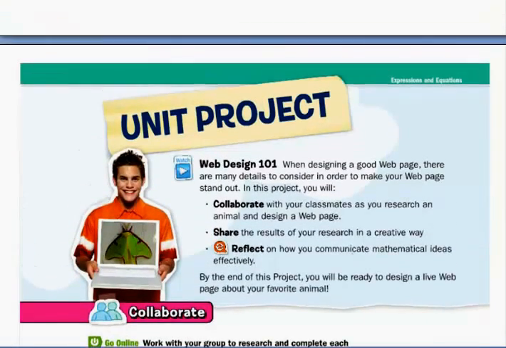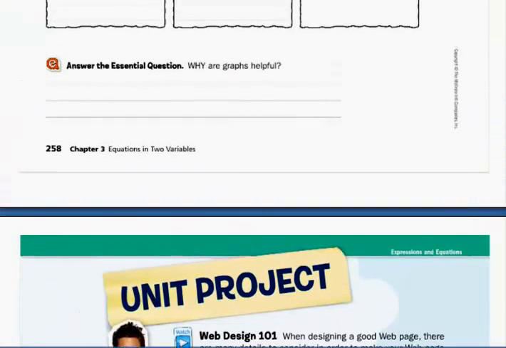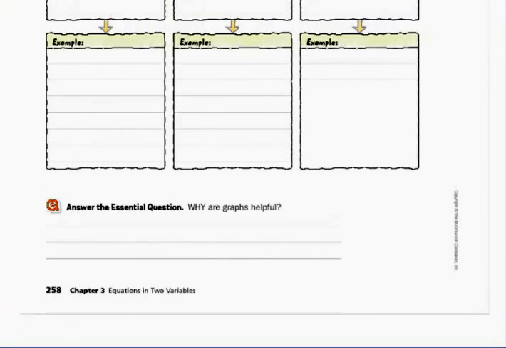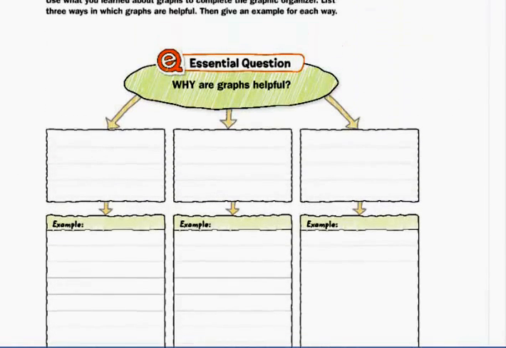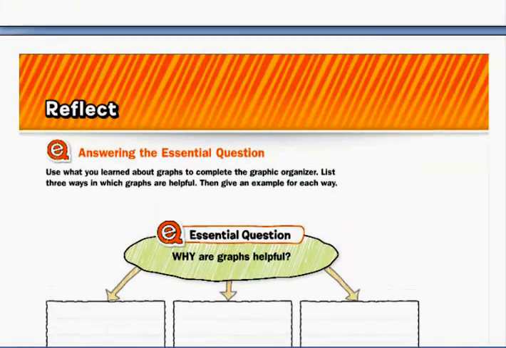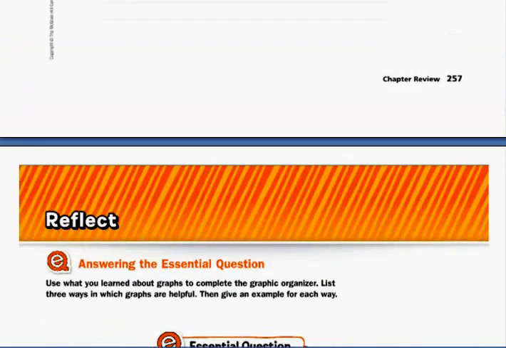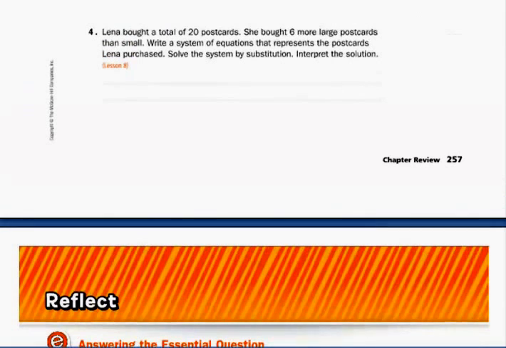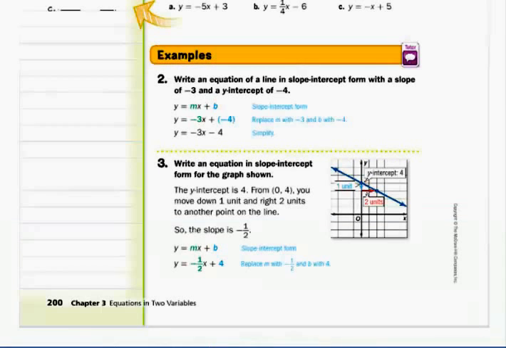A unit project. Whoo! This skipped all the way to the chapter review. I'm going to stop it and find my page. Whew. Okay, back with it. We were all the way at the end of the chapter. How that happened, I don't know. Anyway, we're back where we're supposed to be.